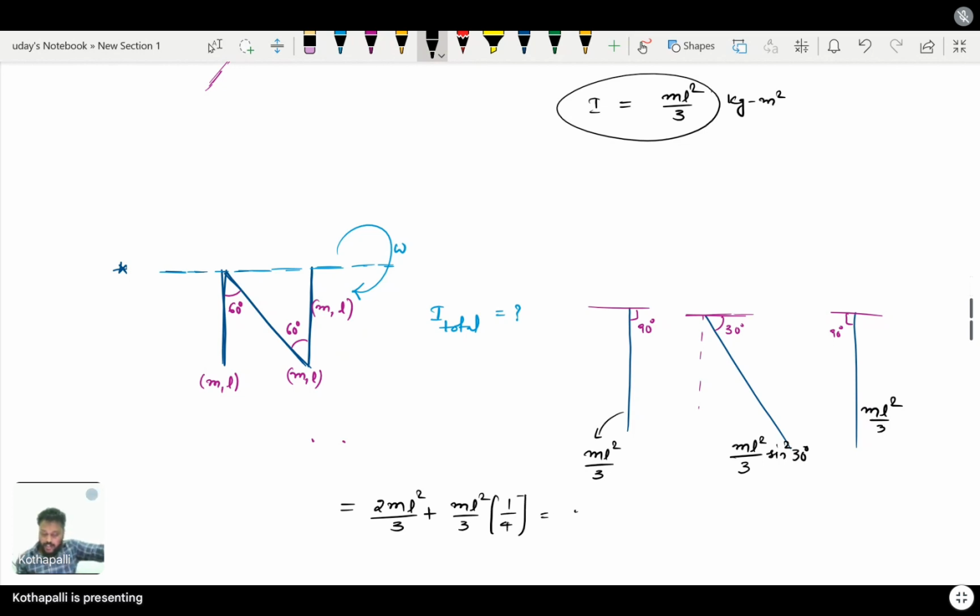So take ML square by 3 out, of 2 plus 1 by 4. So it is 9 ML square by 3 into 4, where 3 will cancel 3 times. It is 3 ML square by 4 kg meters.